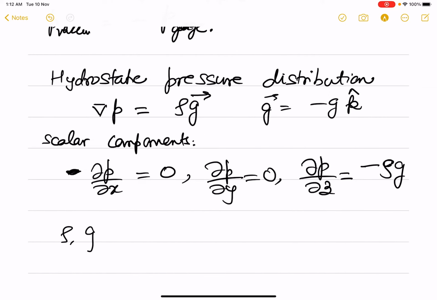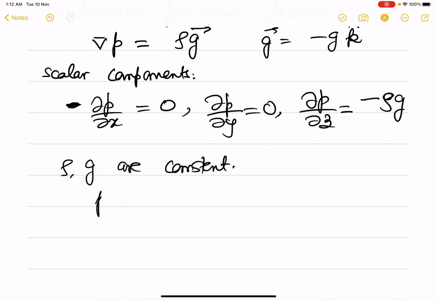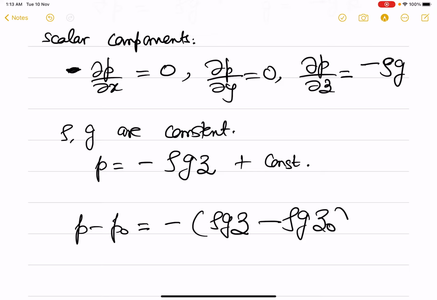And if rho and g are constant, then we get P is equal to minus rho g z plus constant. Or we can write this as P minus P0 is equal to minus rho g z minus rho g z0, where P is equal to P0 at z is equal to z0.